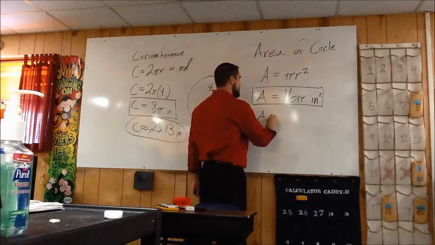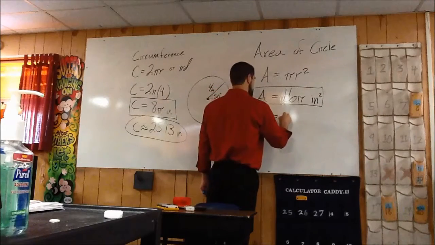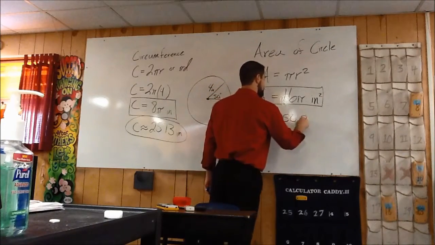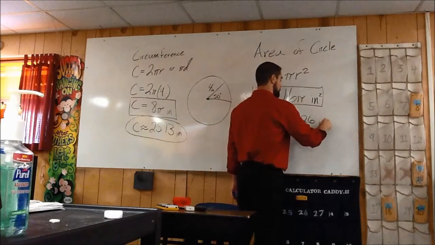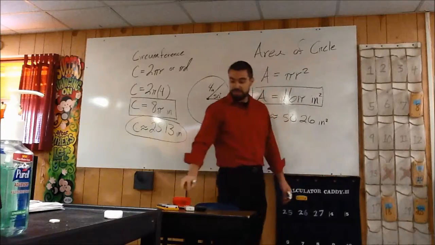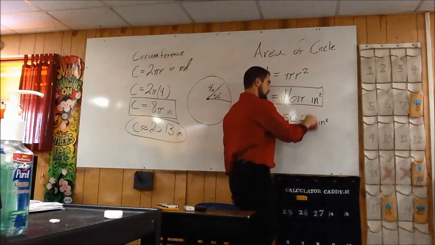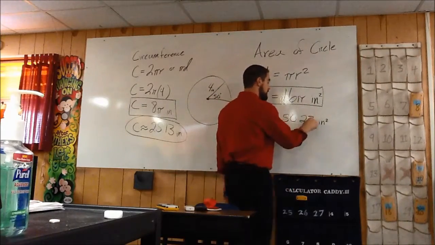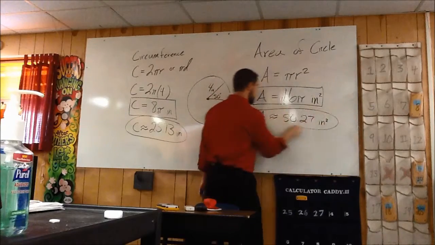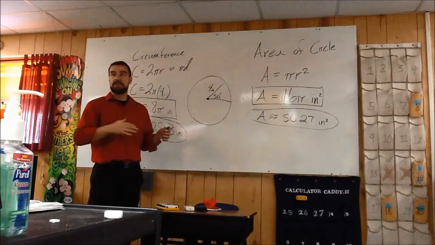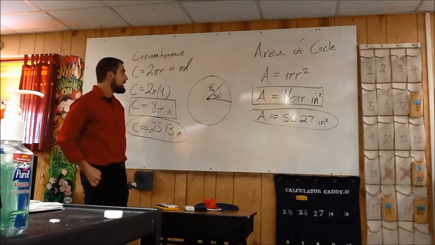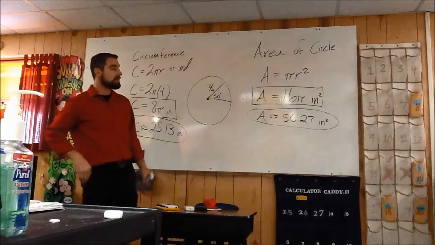What's a rounded answer for this? 50.27. Is it 2.6 or 2.7? 2.7. I heard y'all saying 6, so I trusted you. So we have an exact and a rounded answer for the circumference and the area.